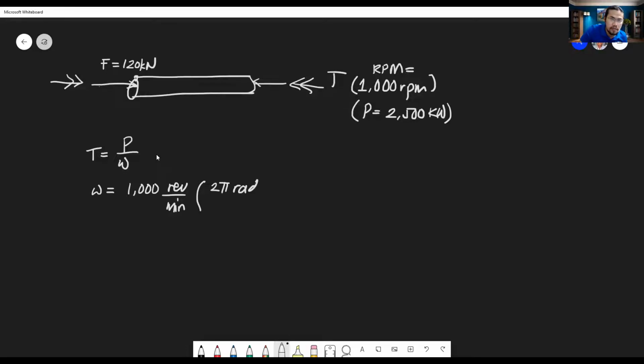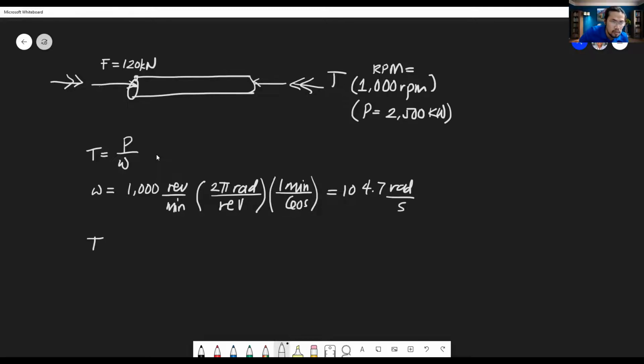convert that to rad, and one revolution is 2 pi rad. Let's convert the minute so that we get rad per second. And solving this would yield 104.7 rad per second. Now, how about the torque?